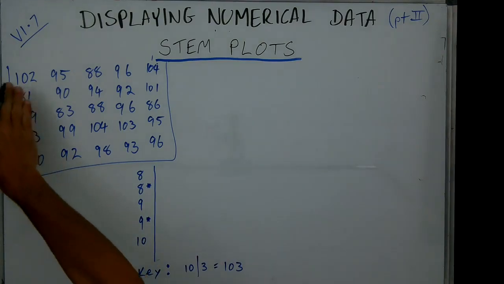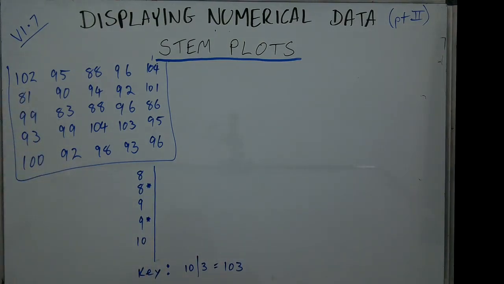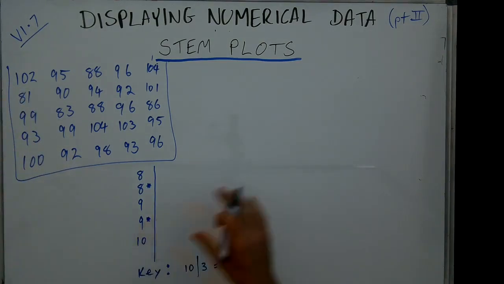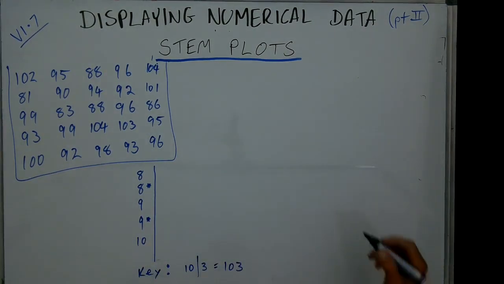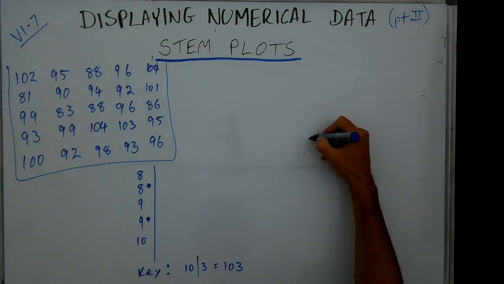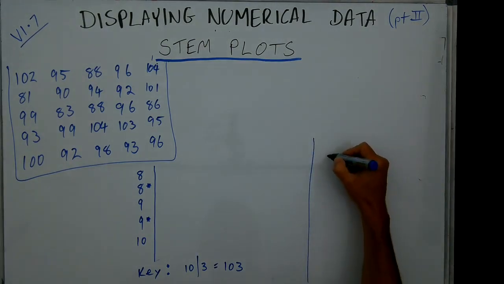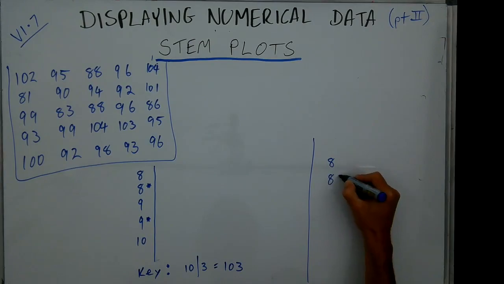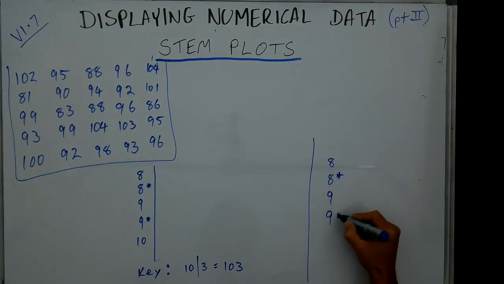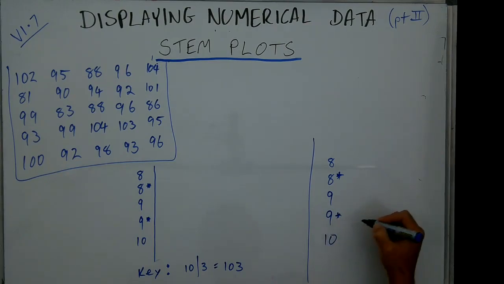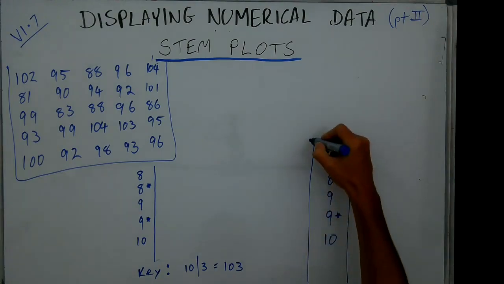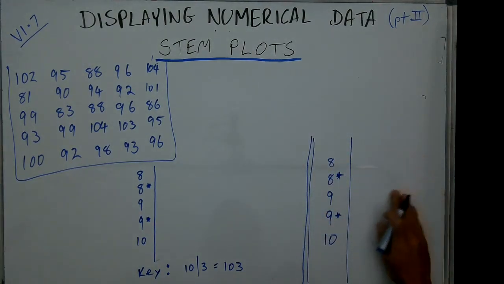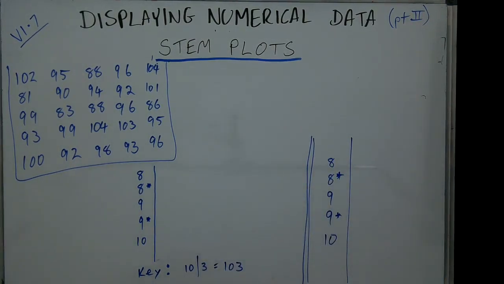I'm going to go through each separate bit of data and put it on the stem plot, and then I will redo it again over here. Let's just get this ready. And over here, hopefully we'll get it in numerical order.